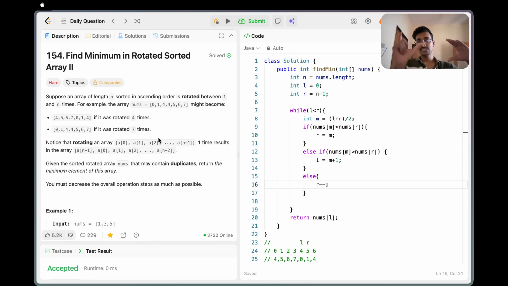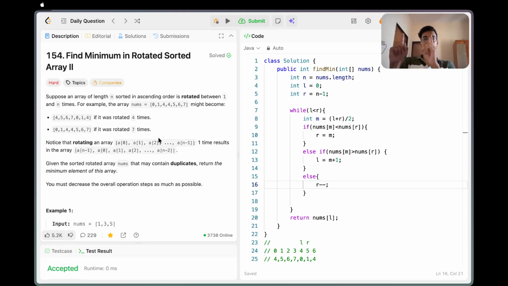And one more thing, this elevation will be less than this elevation. Based on the value at the mid and the rightmost value, we can compare and find out in which range we have the solution, this range or this range.